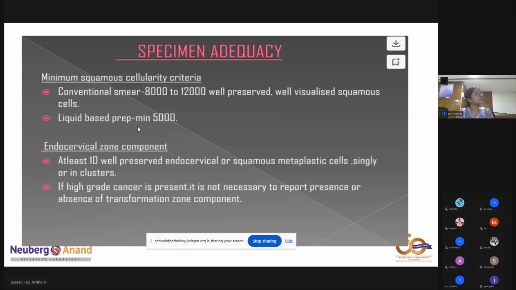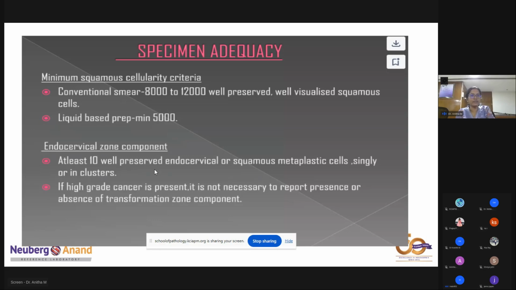In a liquid-based Pap smear, around 5,000 cells. You have to see endocervical cells, at least 10 well preserved endocervical cells or squamous metaplastic cells. If at all there is a high grade carcinoma, even though the cellularity is low, you can't tell it is inadequate.